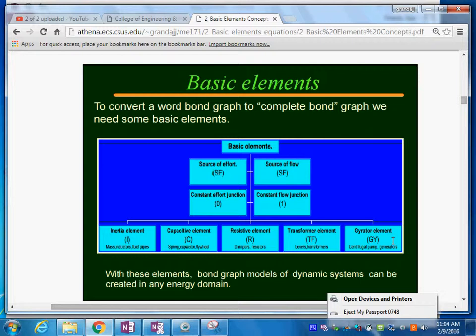The master cylinder on the brakes of your car is also a conservative element. It's one of these transformers. The only thing it does is transform mechanical power and motion into hydraulic. But no energy is lost, no energy stored in the element. It's just transformed. And then we need one more element, this GY element, which stands for a gyrator.